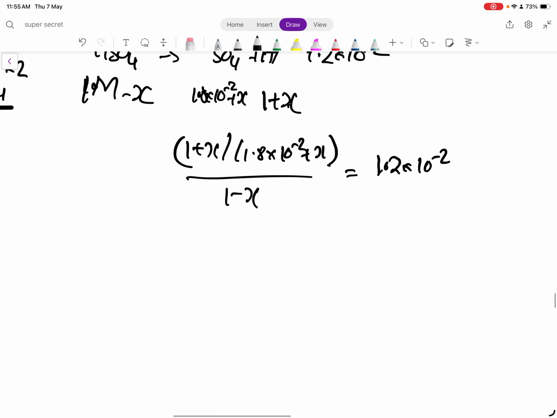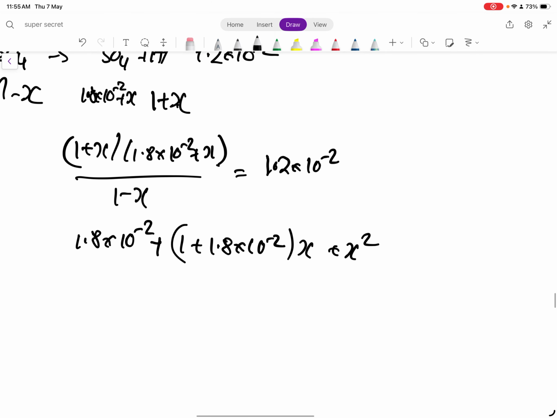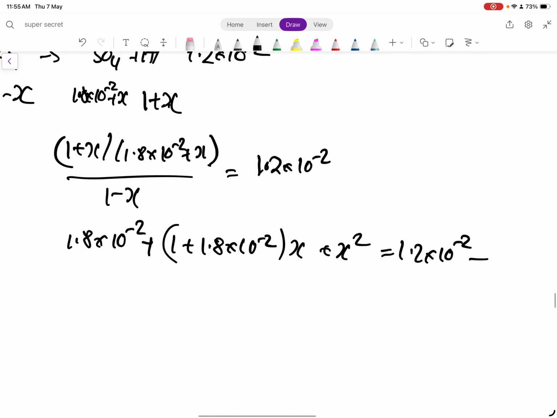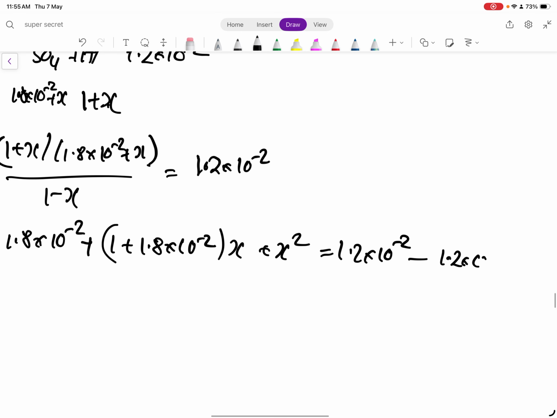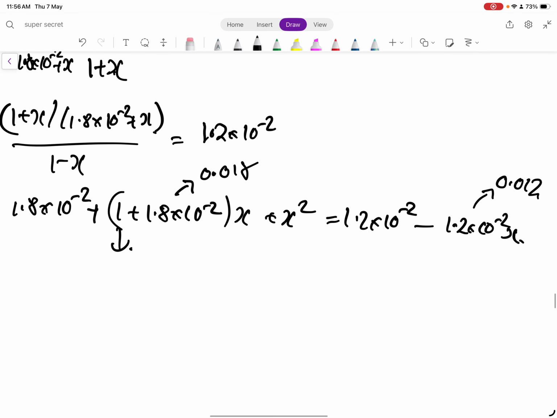So we have 1.8 into 10 power minus 2 plus 1 plus 1.8 into 10 power minus 2 times X plus X square is equal to 1.2 into 10 power minus 2 minus 1.2 into 10 power minus 2 X. So this is 0.018, this is 0.012, and that's a 1, so the difference is very less.